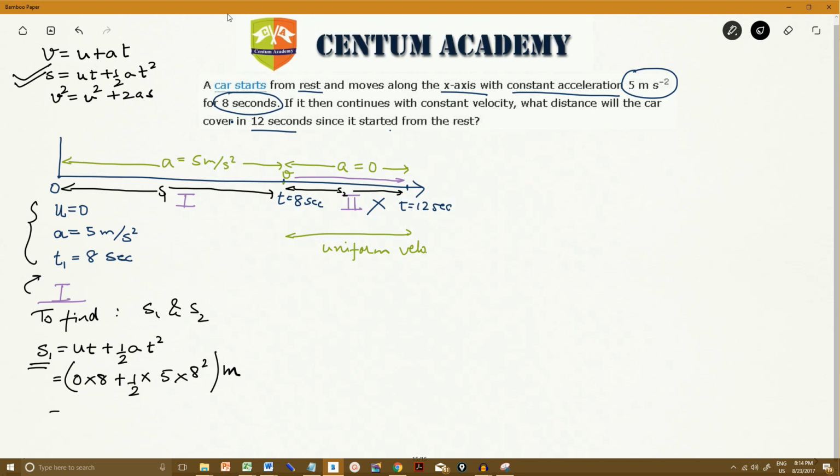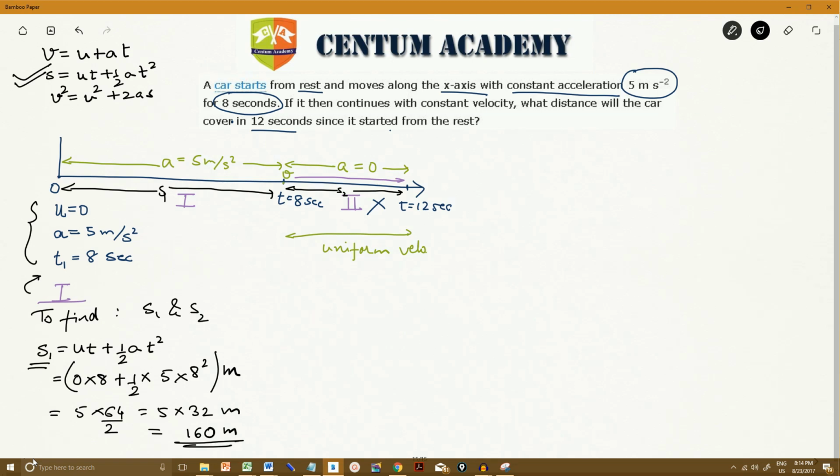This is 0, so this is 5 into 64 upon 2, which is nothing but 5 into 32 meters, that is nothing but 160 meters. So in phase 1 the body travels 160 meters.